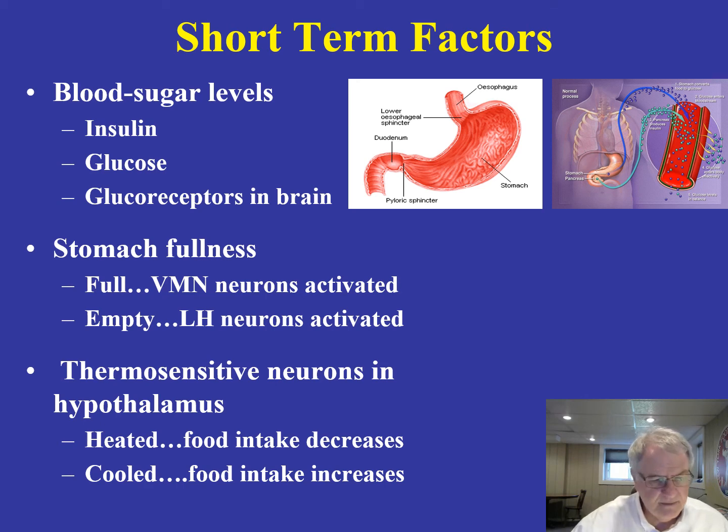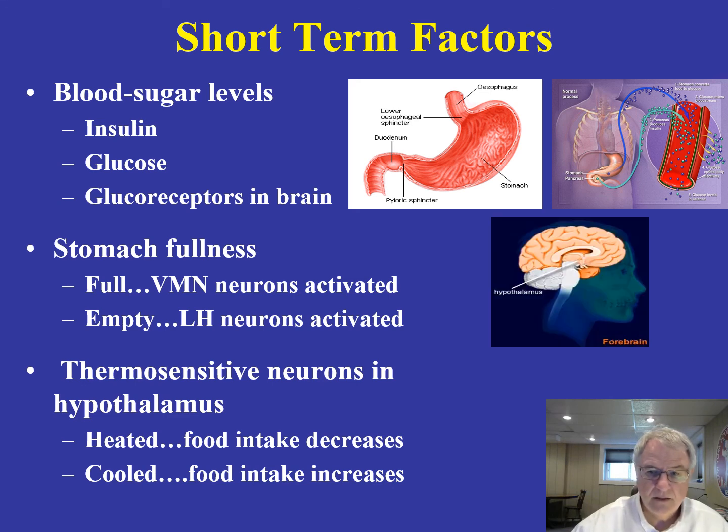So it makes sense. When you're in a warm environment, you're not expending calories as much. You're more sedentary. When you're in a cold environment, oftentimes you are expending more energy, so your food intake is going to increase. So again, we have these short-term factors that are involved.